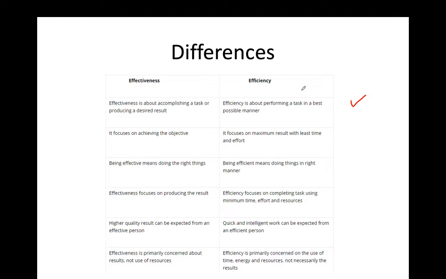Next point is higher quality results can be expected from an effective person, while quick and intelligent work can be expected from an efficient person, because he will do the work in the right manner. Effectiveness is primarily concerned about results, not use of resources, while efficiency is primarily concerned with the use of time, energy, and resources, not necessarily the results. So these were the common differences between effectiveness and efficiency.